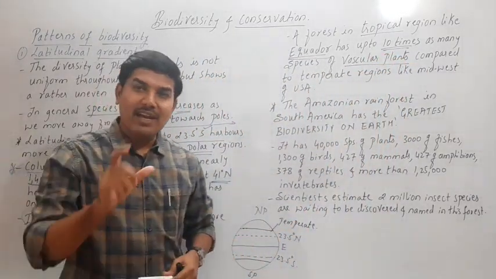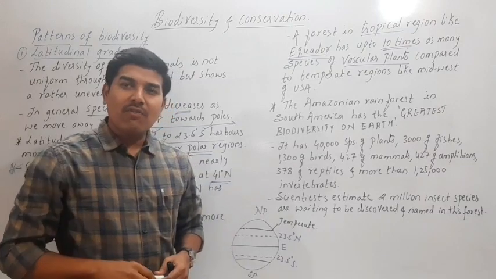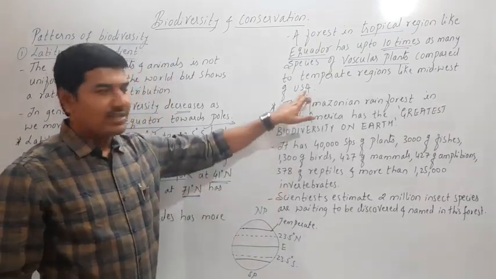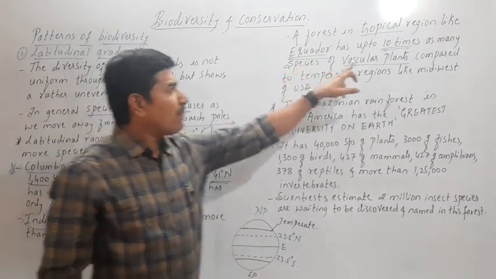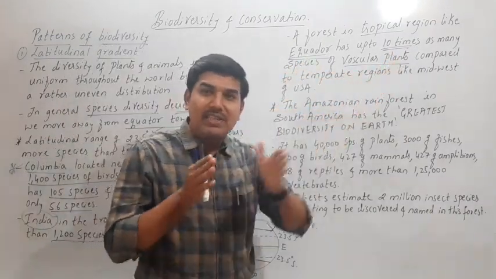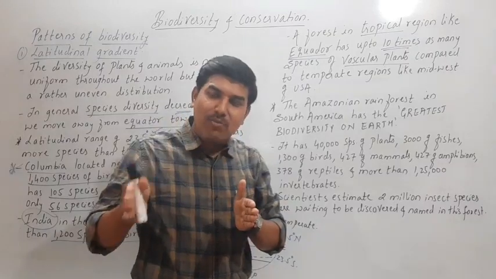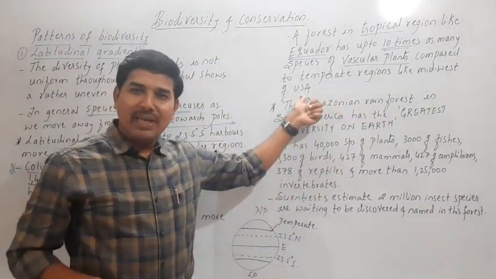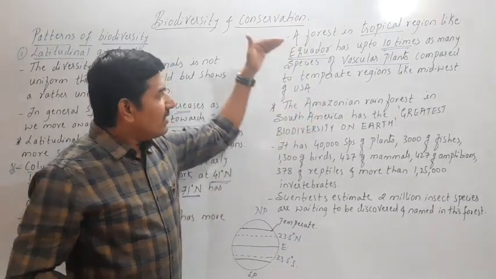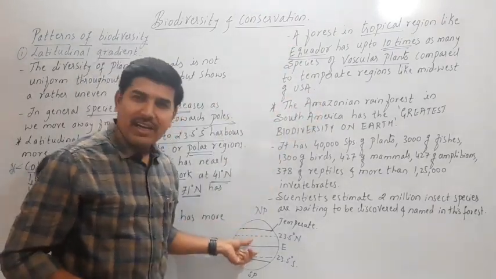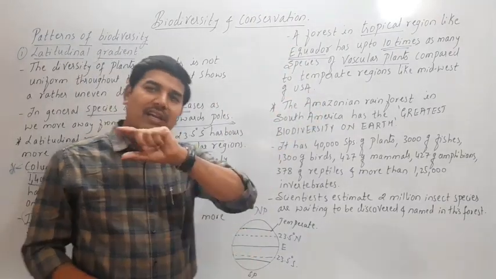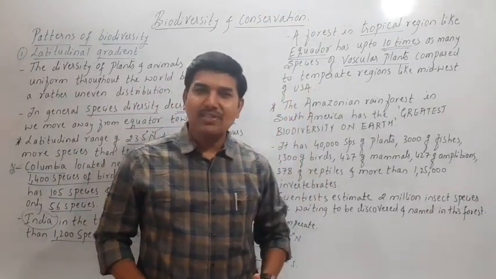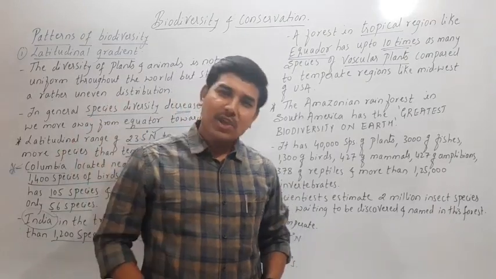So here we are comparing the total number of plant species in Ecuador as well as in USA. Ecuador's species richness is 10 times more than the Midwest of the United States of America. So Ecuador, as it is located nearer to the equatorial belt in the tropical region, has the highest plant diversity compared to the Midwest of USA.